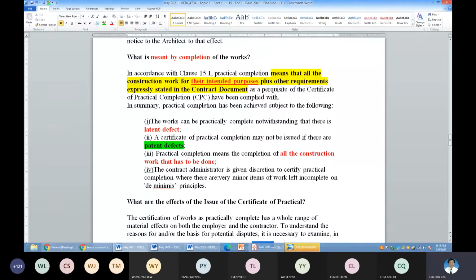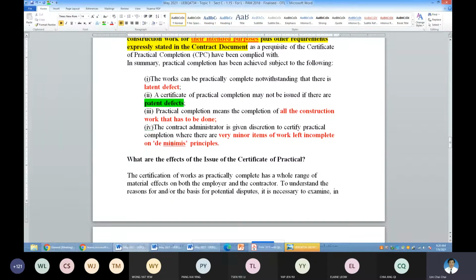Minor works incomplete is possible, and it is up to the architect. If they think that the minor work is still considered as incomplete, then you will never get that certificate. This is an area I did mention to you. The determination is at the whims and fancies of the architect.